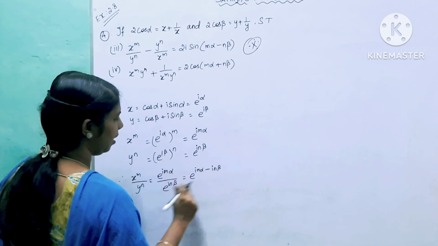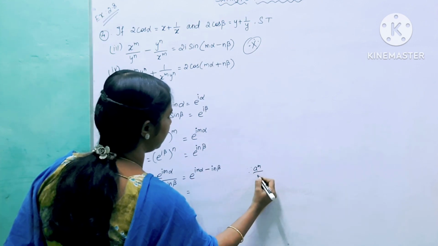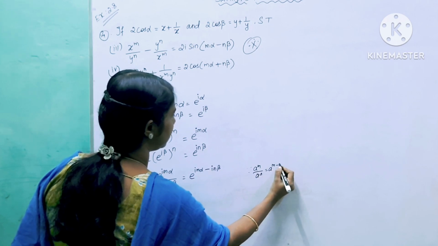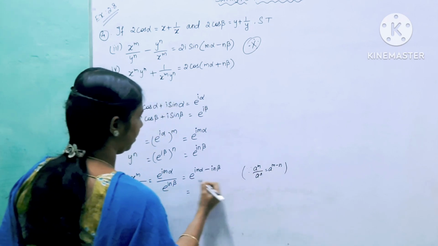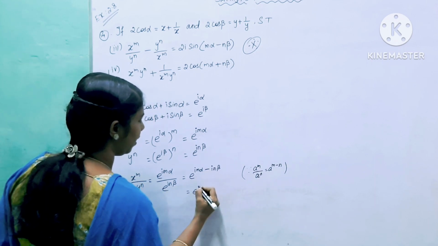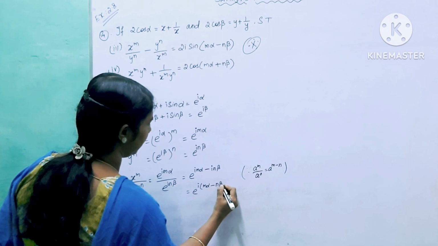Since it is division, we are subtracting the powers. A power m by a power n, we write as a power m minus n. According to this formula we have rewritten it. Taking e power I common, m alpha minus n beta.